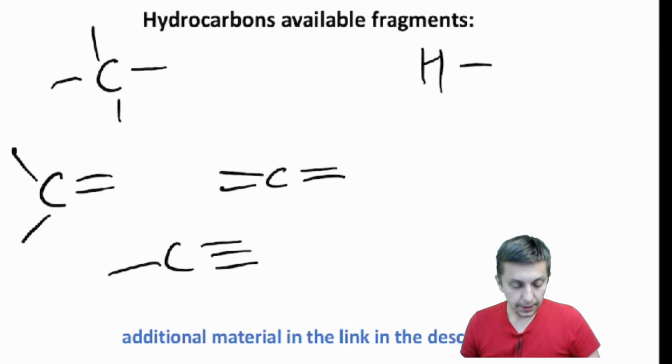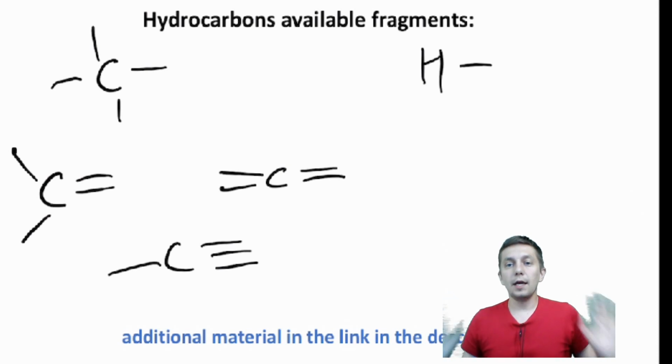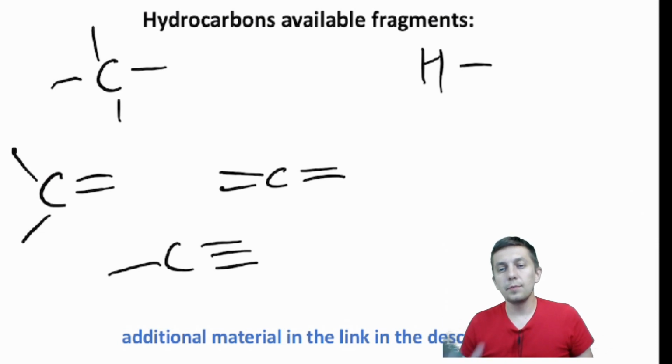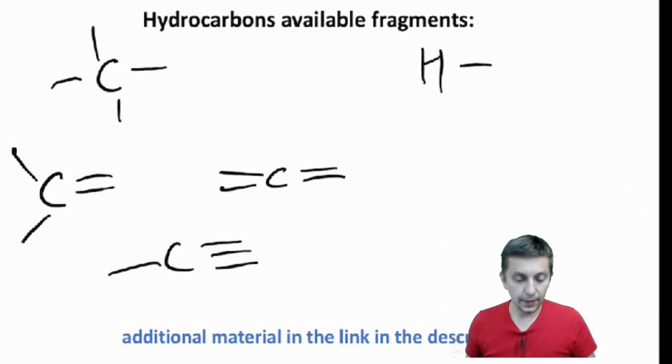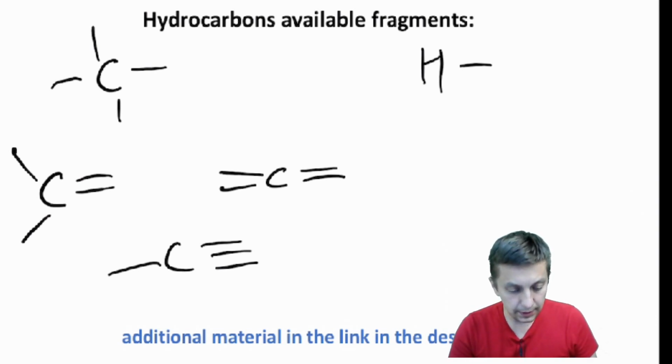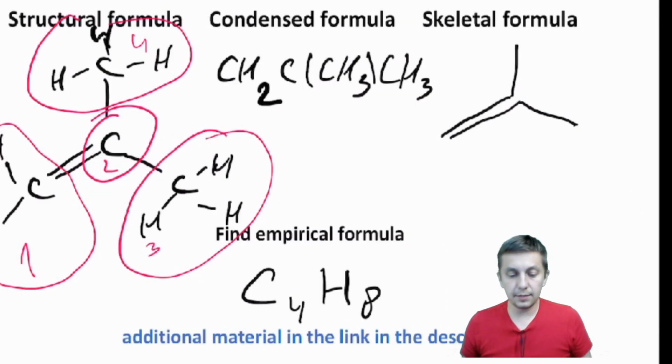So what you must memorize for organic chemistry at first: every organic molecule consists of carbons and hydrogens, with very rare exceptions. Carbon necessarily, hydrogen sometimes. And you must understand the differences between skeletal, structural, and condensed formulas.